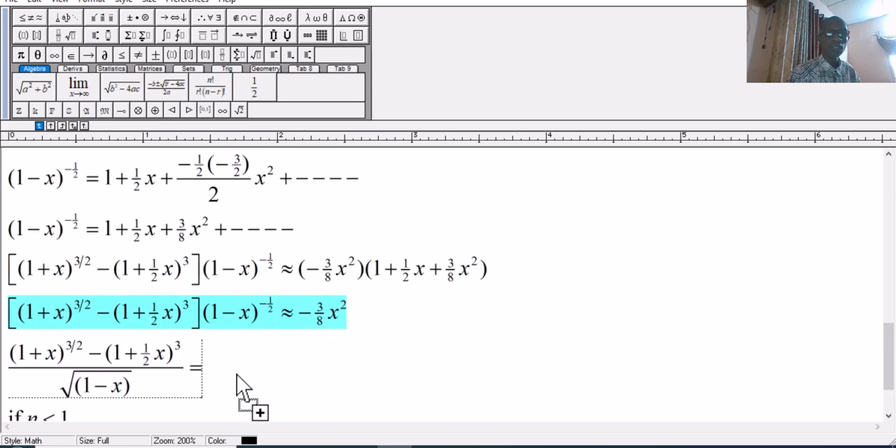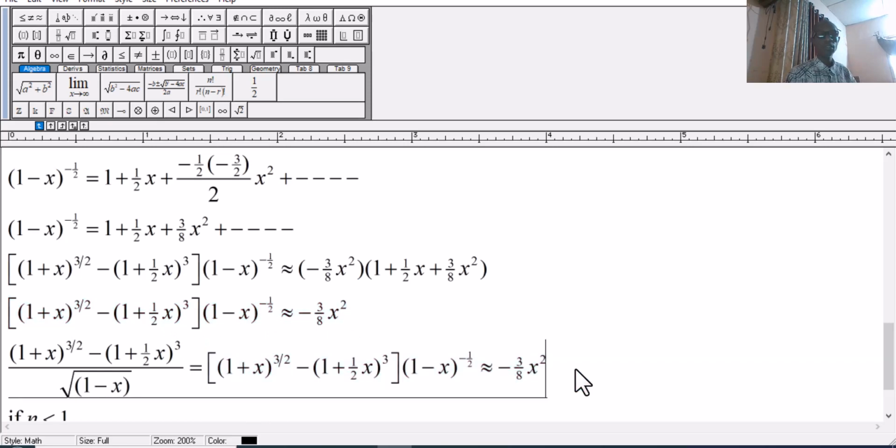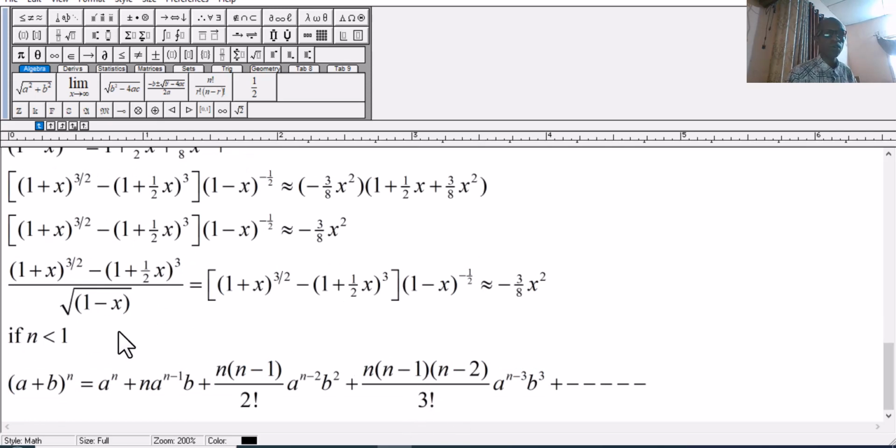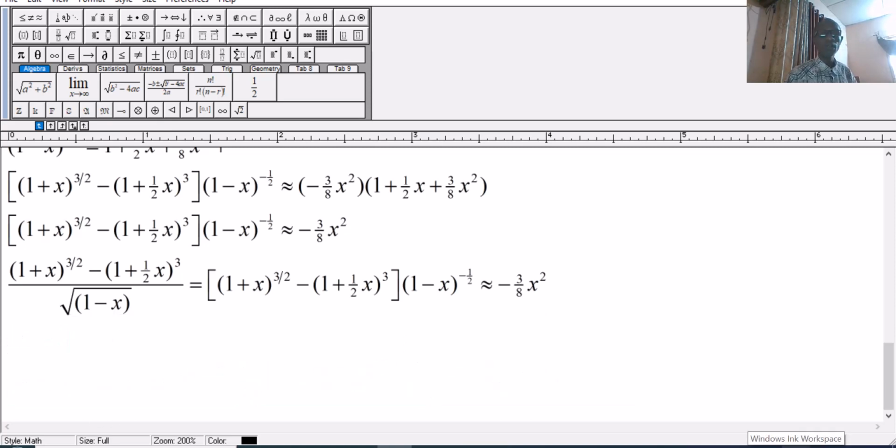So now I bring this down. So this is the question we are asked to solve. Let me clean this one off now. I'm just using it so that you get what I'm trying to explain. It's of no use now. So this is what we are asked to find. Minus 3 over 8 x squared is our final answer.